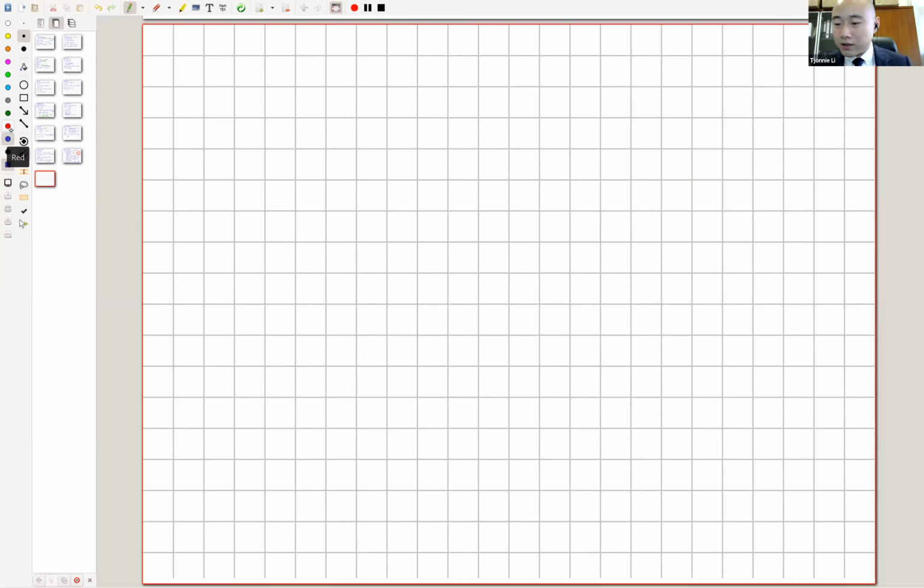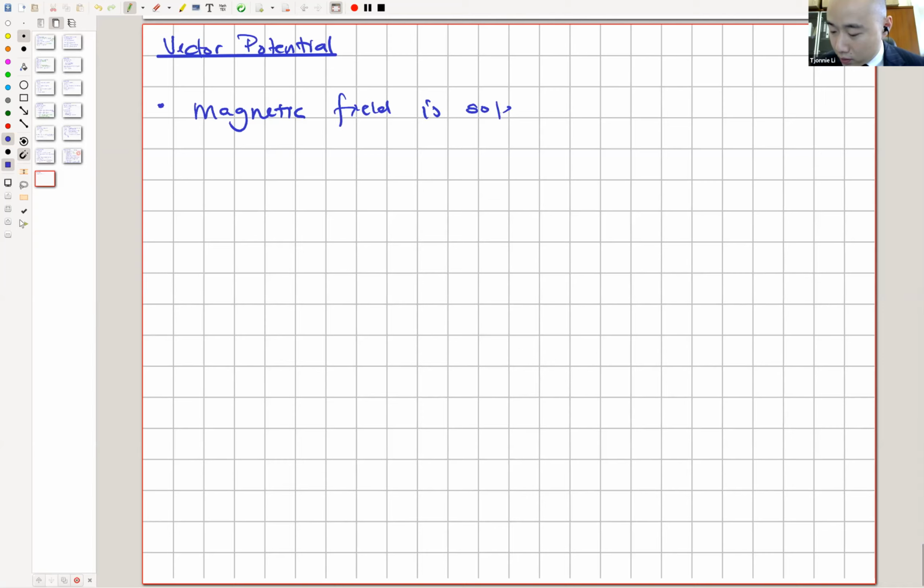The last thing I want to do today is to discuss the so-called vector potential as well. The vector potential actually comes in as the flip side of the magnetic field equations. We know that the magnetic field is solenoidal, meaning that the divergence of B equals 0.